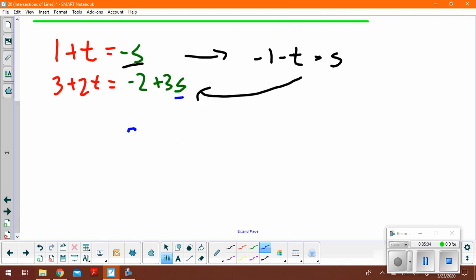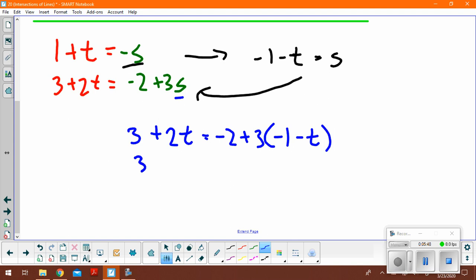Now I have 3 plus 2t equals -2 plus 3 times (-1 minus t), and I'll solve. So 3 plus 2t equals -2 minus 3 minus t. So if I bring the t over, I have 3t. If I bring this 3 over, I would have -8.